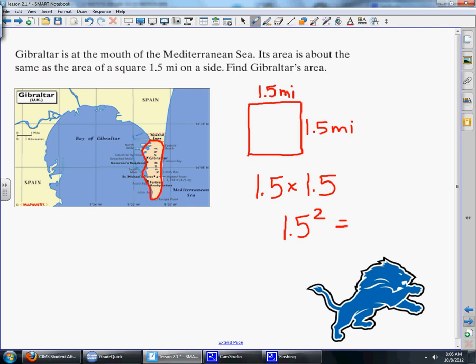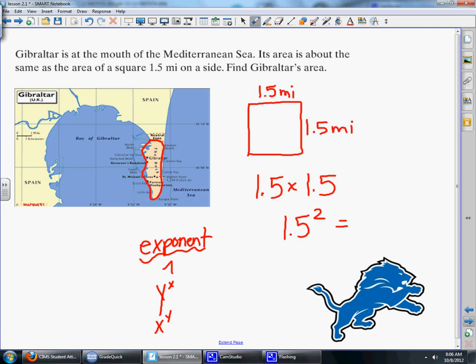So you can always use your calculator. You type 1.5, and then you use the key that either looks like this and will give you the exponent, or it might be y to the x or x to the y. These are all the exponent keys on your calculators, depending on what calculator you have.